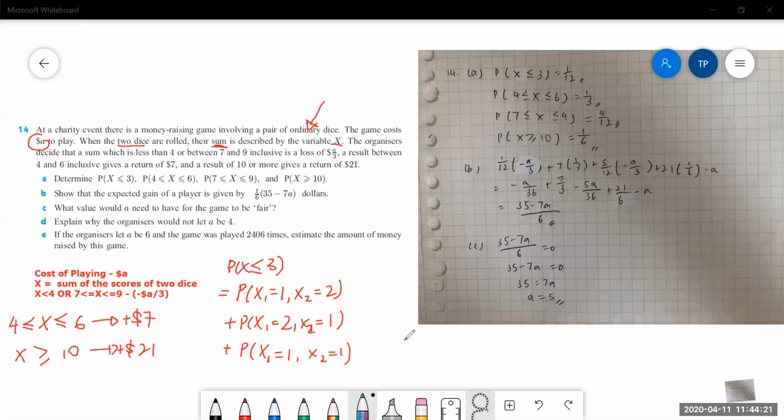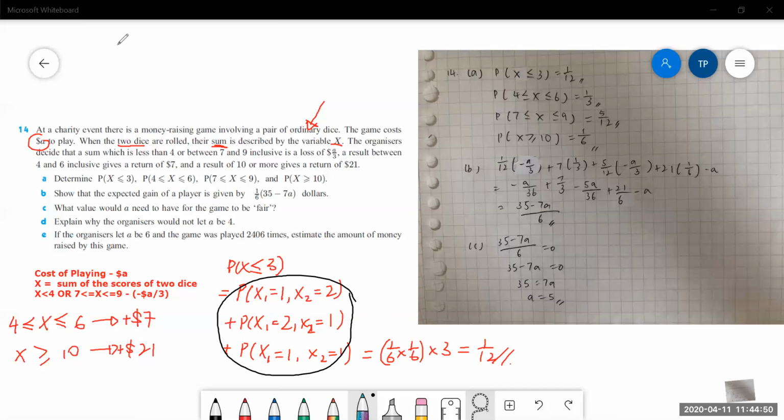No other ways, because in a die we cannot get 0, right? So over here we will be getting 1/6 times 1/6 to the power of times 3, which you will get your 1/12. So this is what the marker will want to see, this portion here.